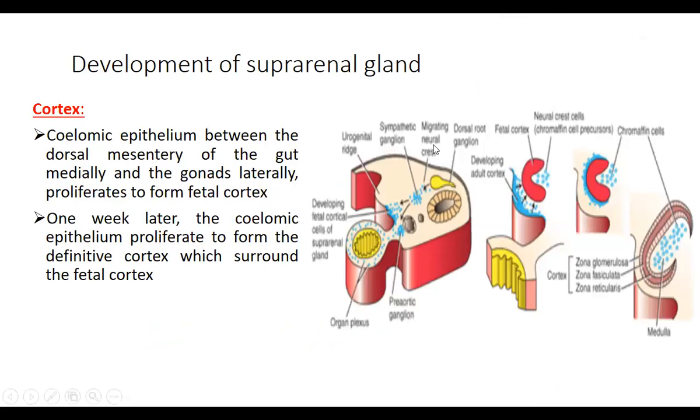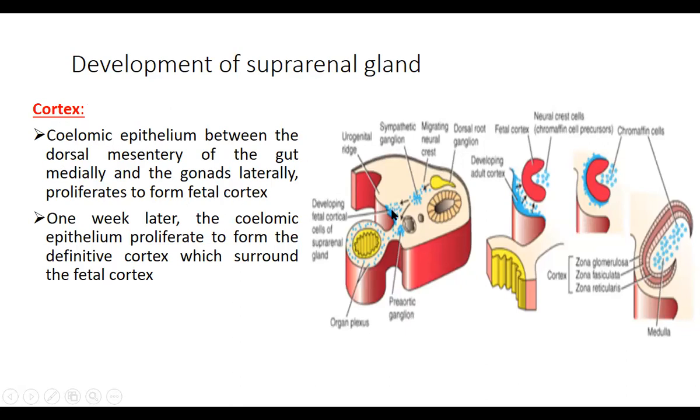Now coming to the development of the suprarenal gland. The cortex develops from the coelomic epithelium between the dorsal mesentery of the gut medially and the gonads laterally, which proliferates to form the fetal cortex.